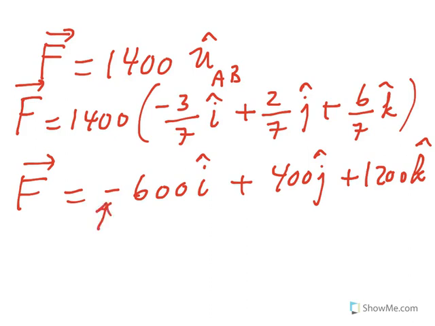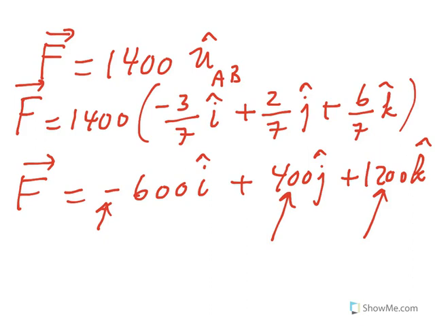The Y component is 400 acting in the positive direction, and the Z component is 1200 acting in the positive Z direction. And the magnitude of this, if you do the square root of 600 squared, 400 squared, and 1200 squared, is 1400. But now we know its X component, Y component, and Z component.